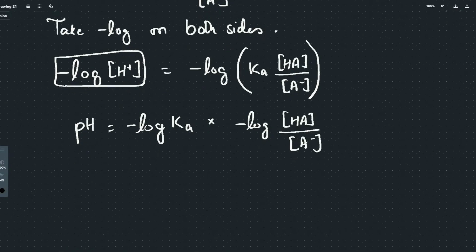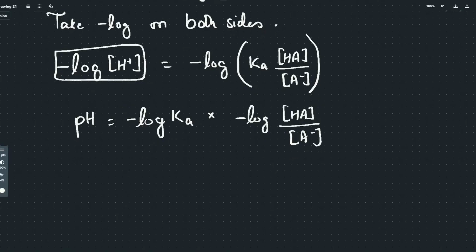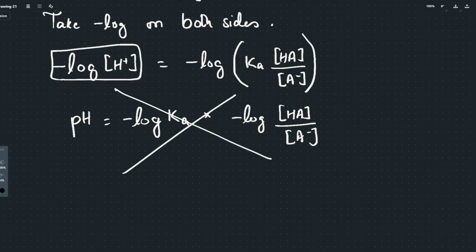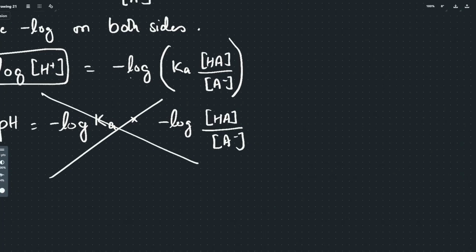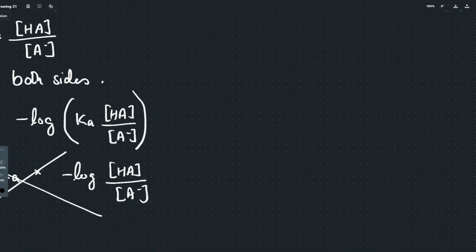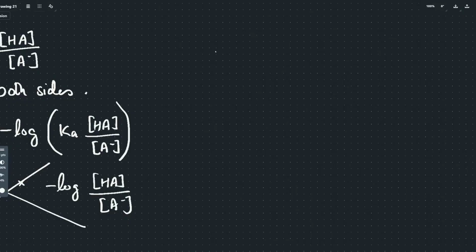Can I write it like this? Well, actually no, this is not the Henderson Hasselbalch equation. We cannot write it like this. Let me show you why we cannot do this on the side.